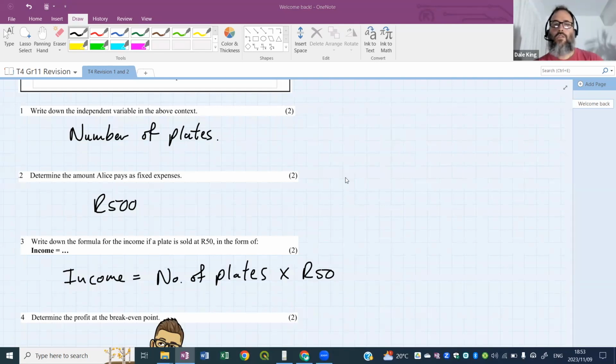Maybe some of you thought of a variable, N, or maybe P for plates. The words could be a variable like N, or you could put a P. If you put a P there, that's fine as well. But this is the best way to write it out: number of plates times 50 Rand. Very good.